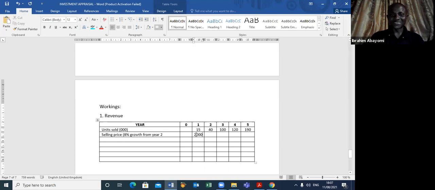Now, what do you notice here? When I was writing my unit, I removed the 1,000. I just put 15, 40, 100, 120, 180. But when I'm putting my selling price, I put the whole figure, right? So you only express one of the two in 1,000, not the two at the same time.